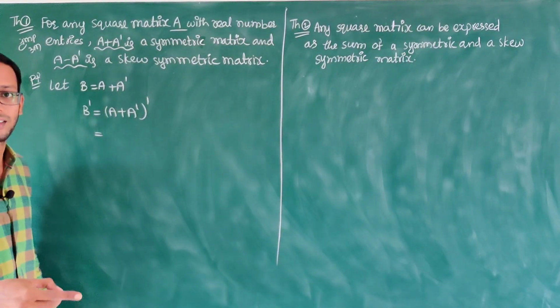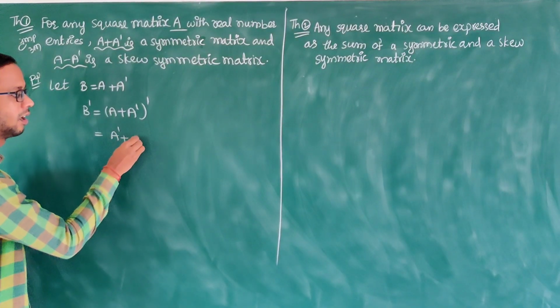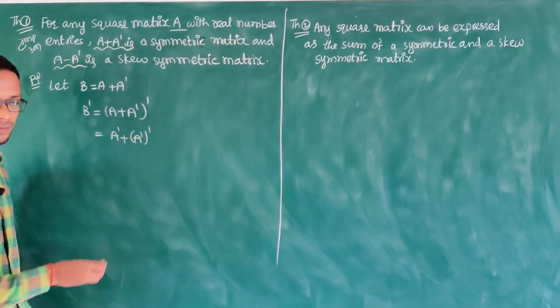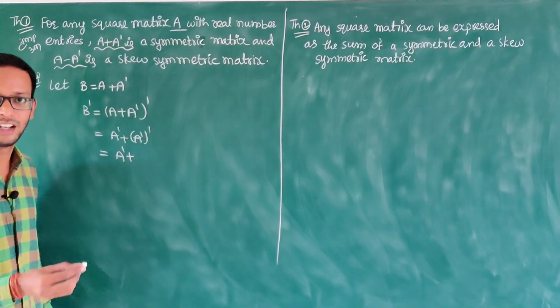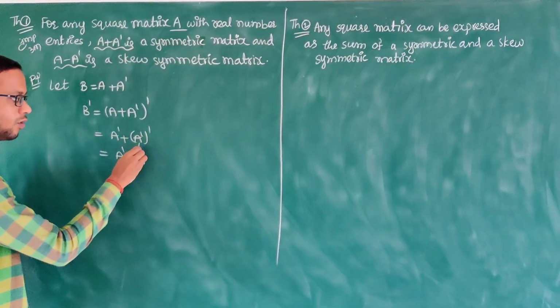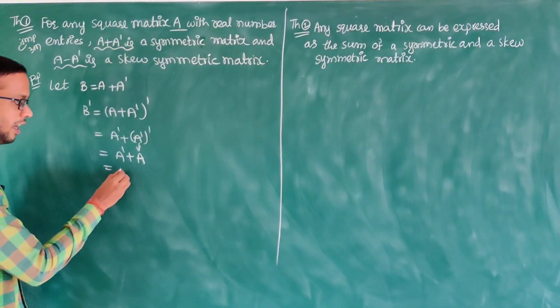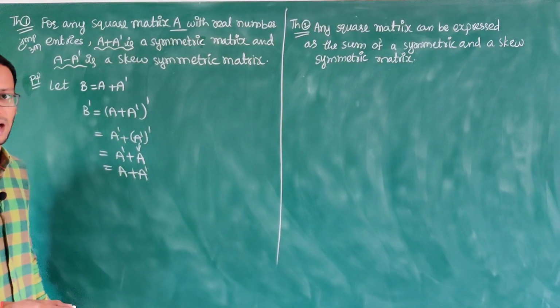By the properties, we can write A dash plus (A dash) whole dash. (A dash) whole dash, the first property, we can write as A. So we can write in reverse also, A plus A dash, by the commutative property of matrices.